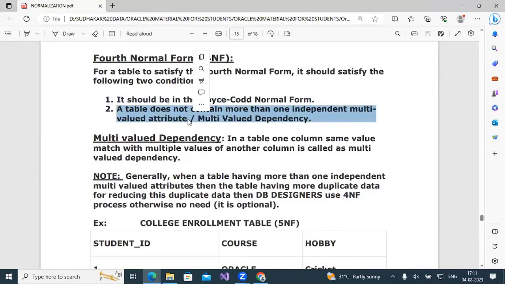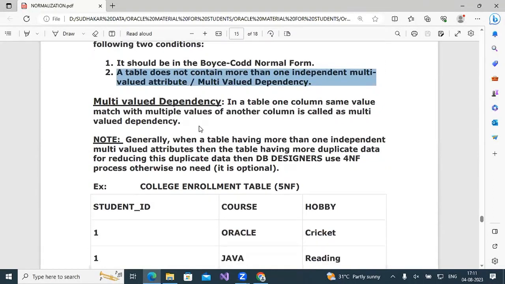If my table has a single multi-valued column, no problem, but it should not contain more than one. But here my table contains more than one, course and hobby. Then what do I do? I have to decompose.